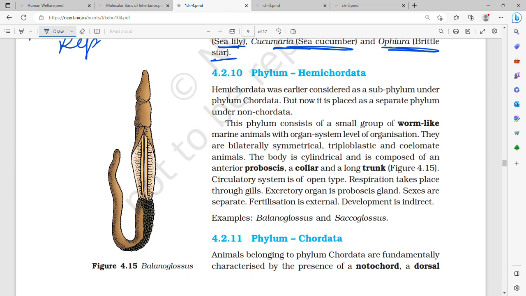Phylum Hemichordata. Hemichordata was earlier considered a subphylum under the phylum Chordata, but now it is placed in a separate phylum under non-Chordata. It consists of a small group of worm-like marine animals, exclusively marine, with organ system level of organization.